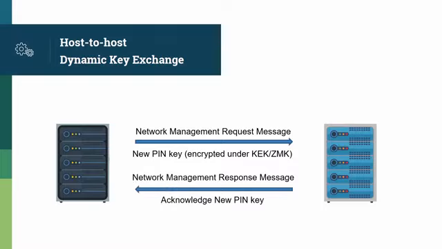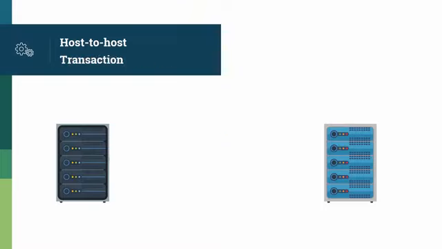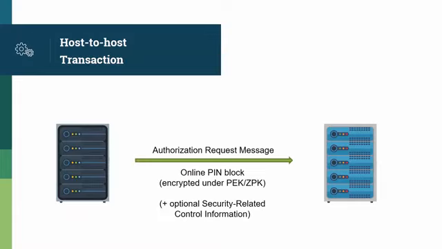And the other host simply acknowledges the new PIN key. Authorization and financial request messages are just sent with their online PIN blocks encrypted under the PIN encryption key. Sometimes an additional field is sent with security-related control information to ensure that the receiver uses the right PIN encryption key, but this depends on the protocol.